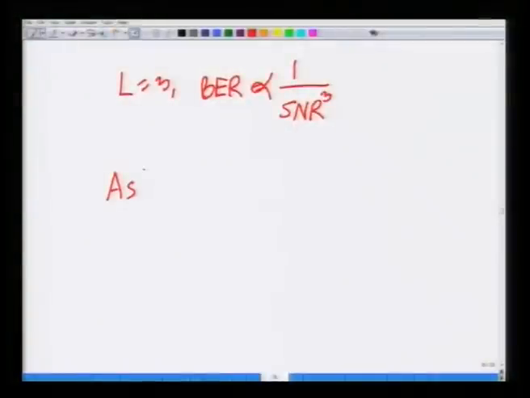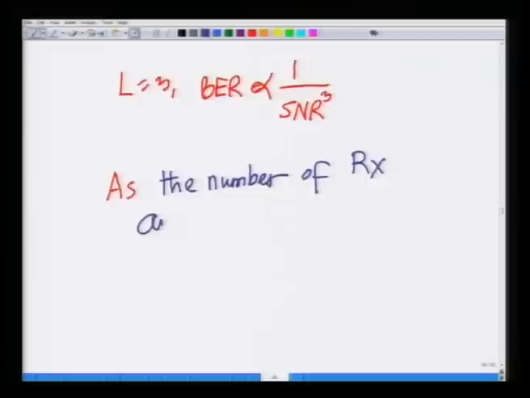So, hence as the number of receive antennas is increasing, the exponent of SNR in the denominator is increasing, right.